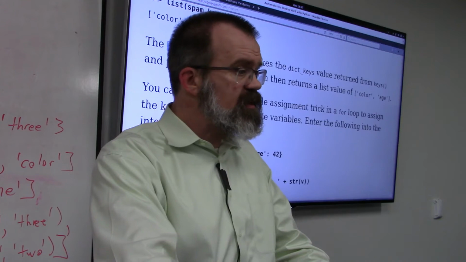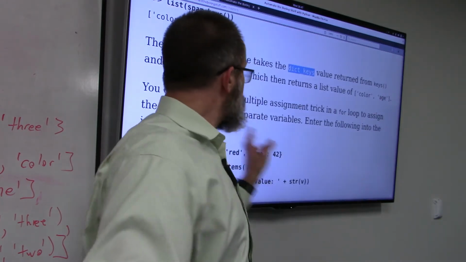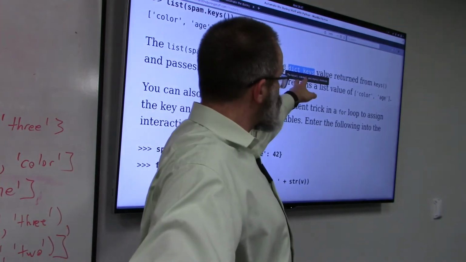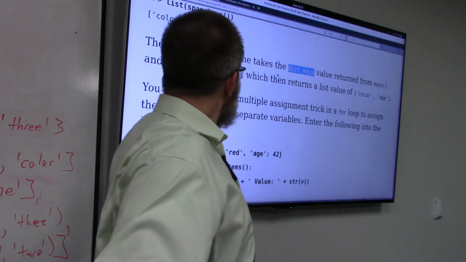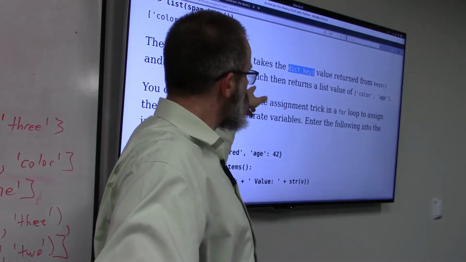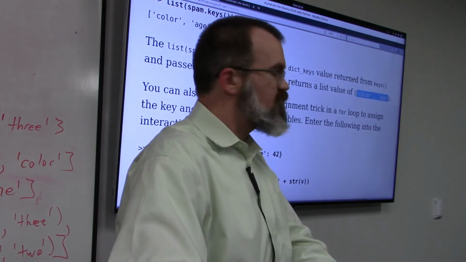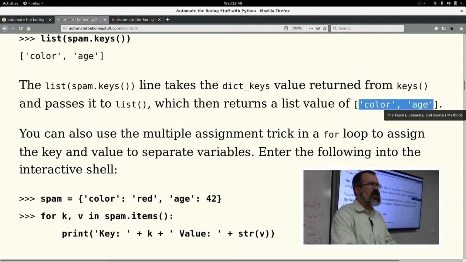So this list function right here will take the dict keys value and pass that into a list function, which will return back just a straight list, not a list that's decorated as keys.